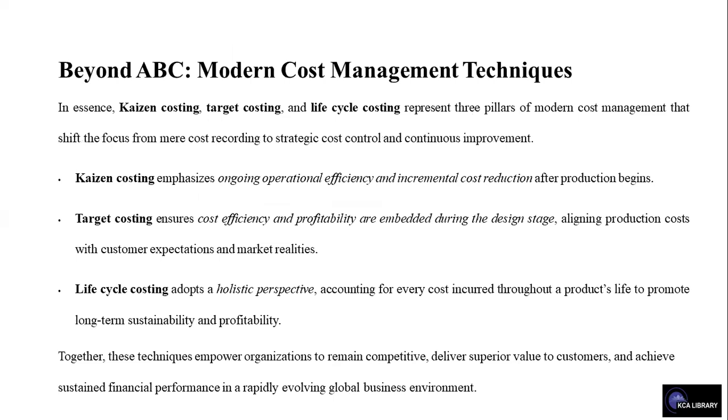Now, looking beyond ABC, we have some other techniques that are very important in modern cost management. In essence, kaizen costing, target costing, and life cycle costing represent three pillars of modern cost management that shift the focus from mere cost recording to strategic cost control and continuous improvement. Kaizen costing emphasizes ongoing operational efficiency and incremental cost reduction after production begins.